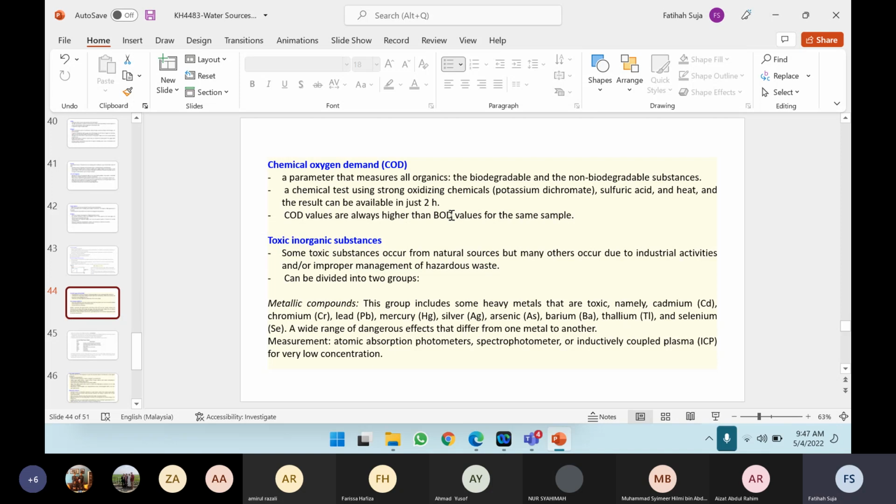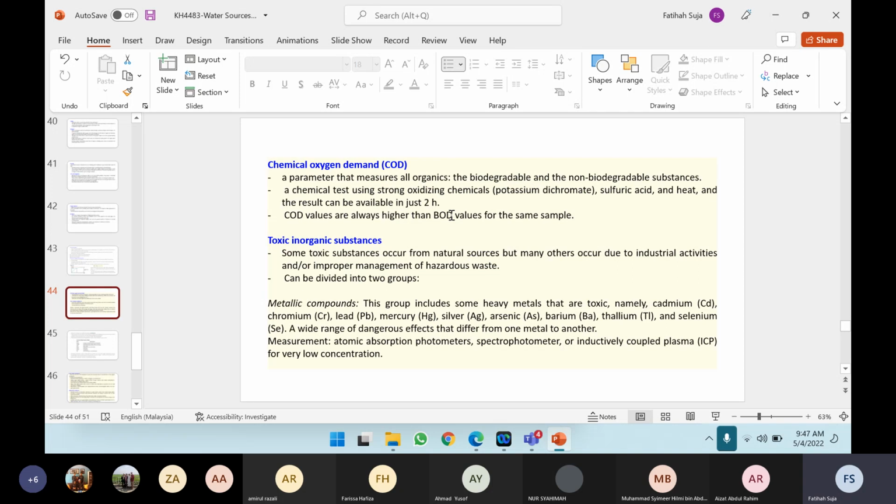Okay, so if the COD to BOD ratio is very high, more than 3, then you know that you have non-biodegradable substances or hard to degrade substances in your water body. So the type of treatment that you will choose will be different.